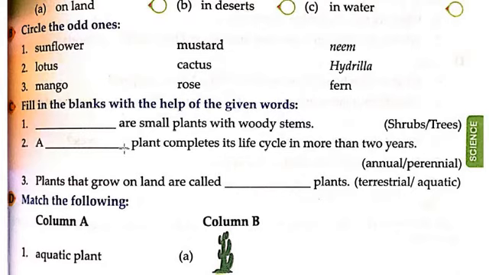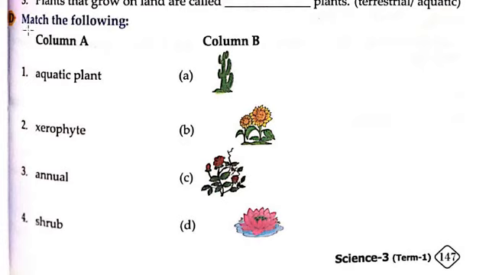A perennial plant completes its life cycle in more than 2 years. More than 2 years. Perennial. Excellent. 3. Plants that grow on land are called terrestrial plants. They grow on land. Terrestrial. Excellent.